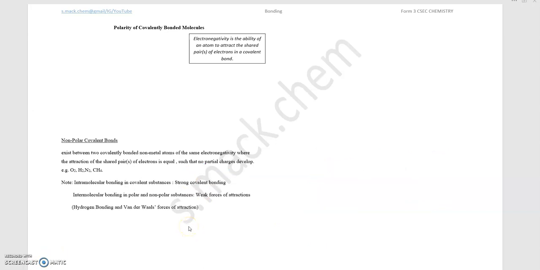Let us end off this lesson by mentioning that the intramolecular bonding that we find in covalently bonded substances would all be strong covalent bonding, whether the molecules are polar or non-polar.